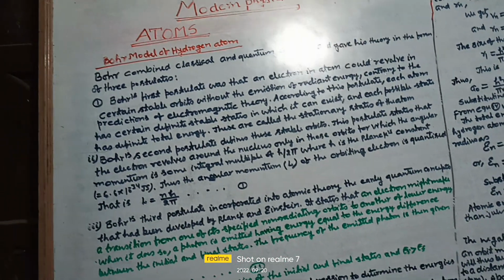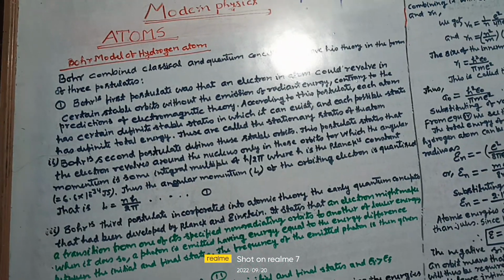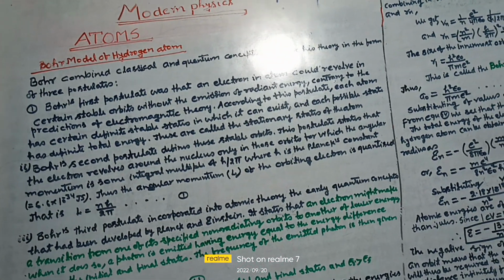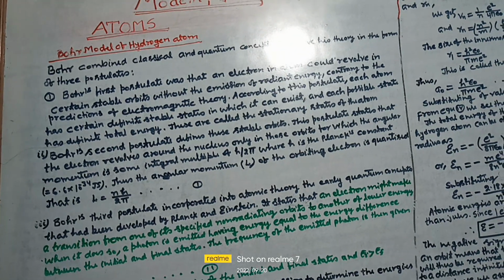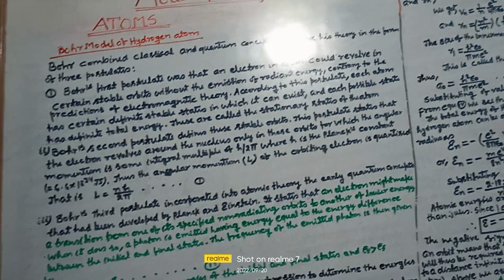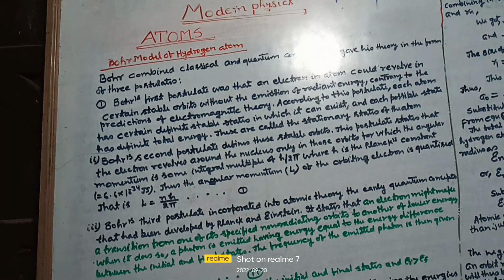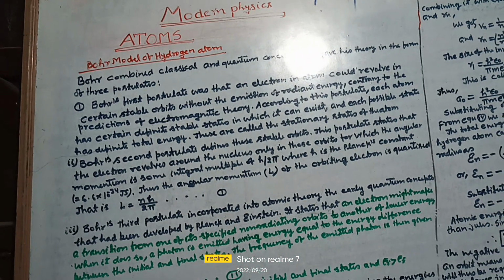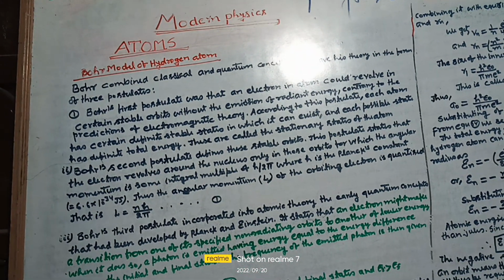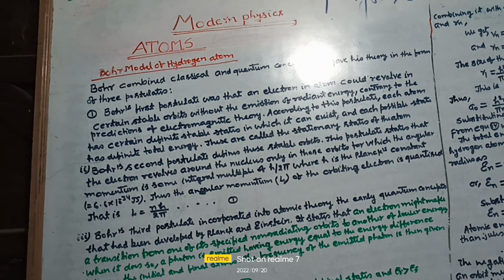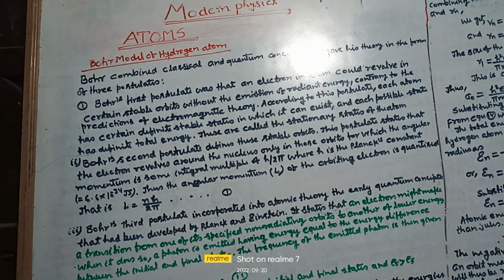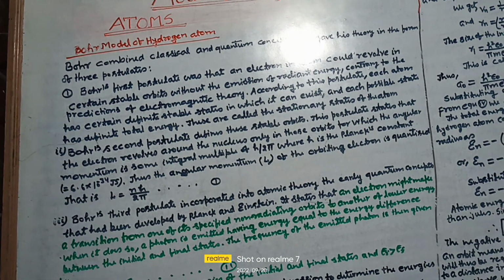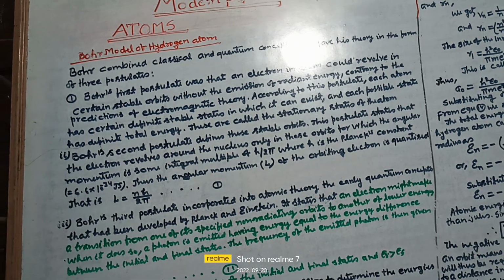Now, Bohr's third postulate incorporated into atomic theory the early quantum concepts that had been developed by Planck and Einstein. It states that an electron might make a transition from one of its specified non-radiating orbits to another of lower energy.